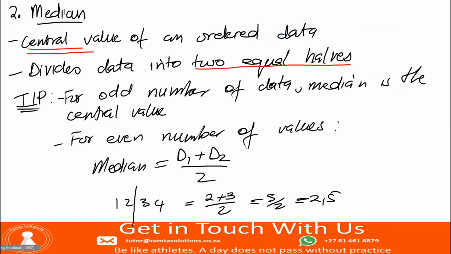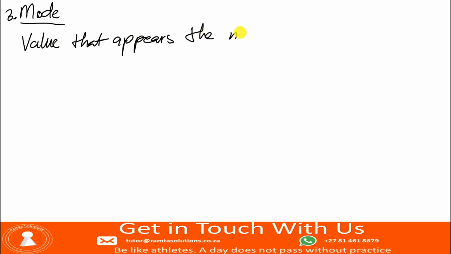Now let's look at mode, which is number 3. Mode is a value that appears the most in a data.